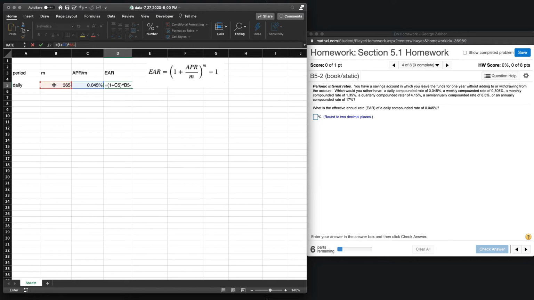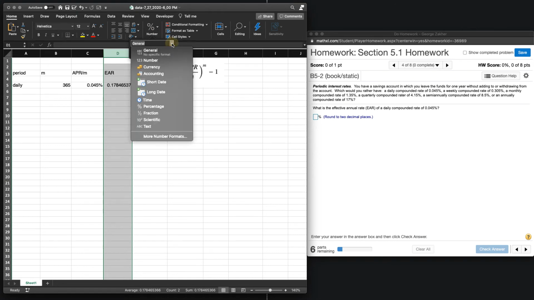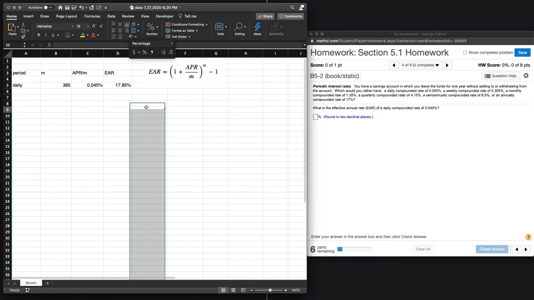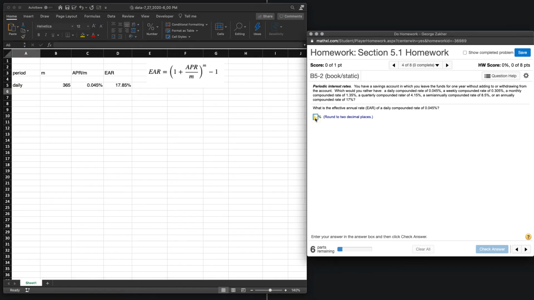All right, there we go. So that is our ERA. Now in this case, they want it in a percentage. So let's go ahead and change that to percent. And they want 2 decimals, so it looks like that's going well. Okay, so we can plug that in here. 17.85.